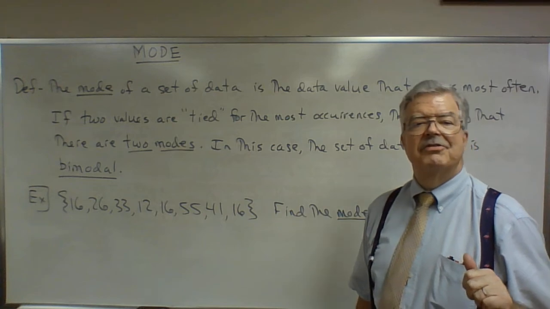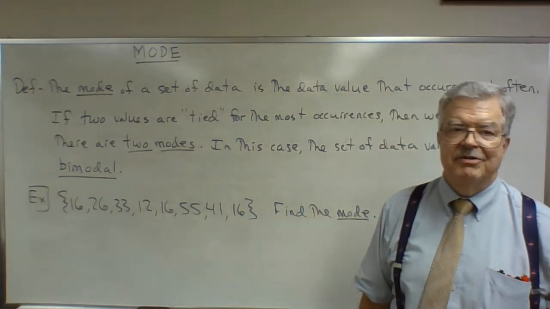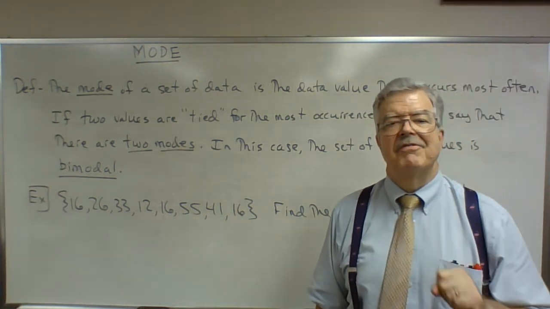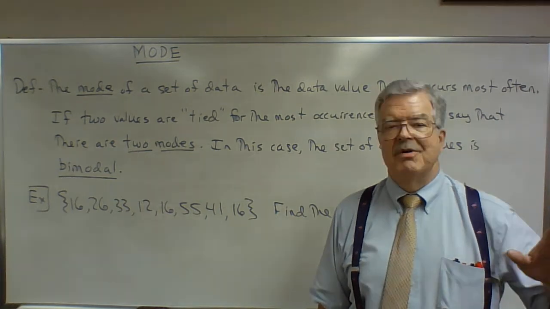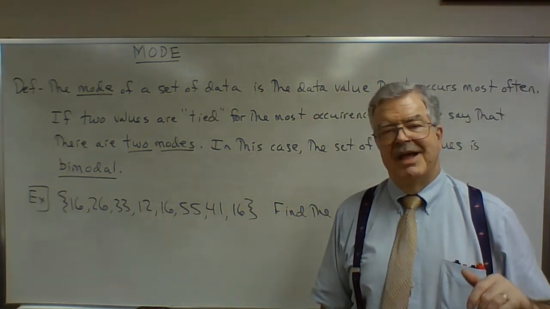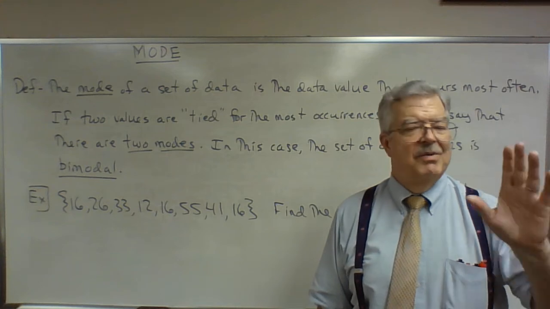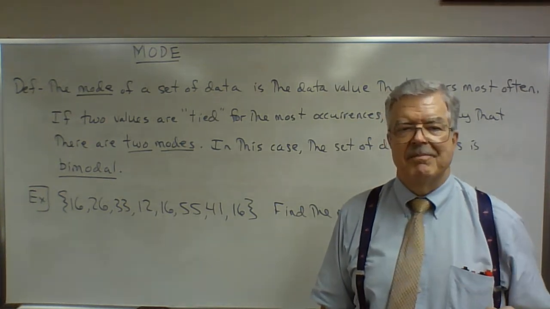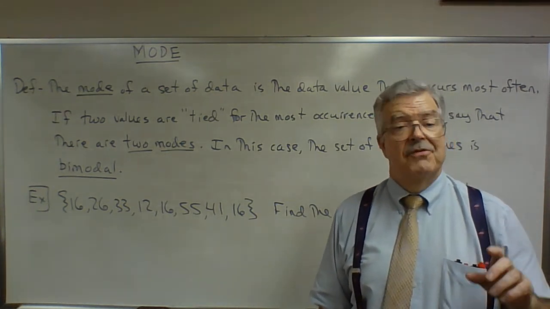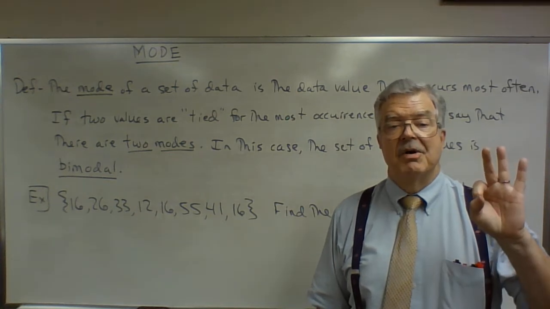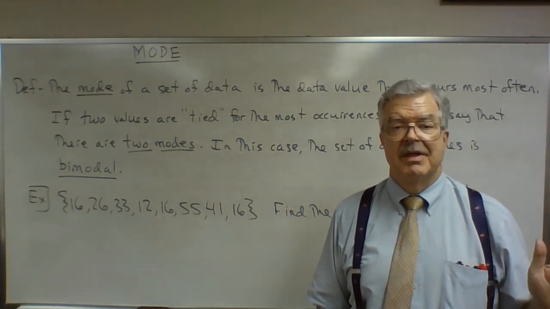For example, if we survey 10 automobile owners and 3 of them have Fords, 2 of them have Hondas, 1 of them has a Chevy, and 1 of them has this, and 1 of them has that. Ford, because it occurs most often, would be the mode.